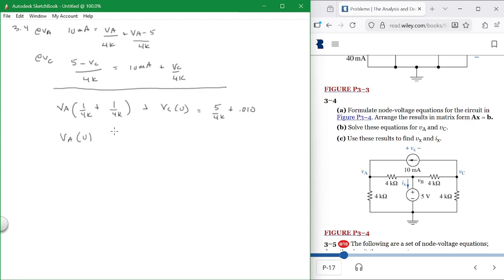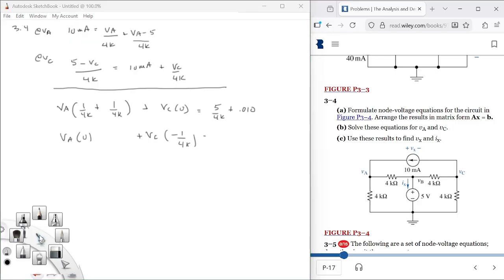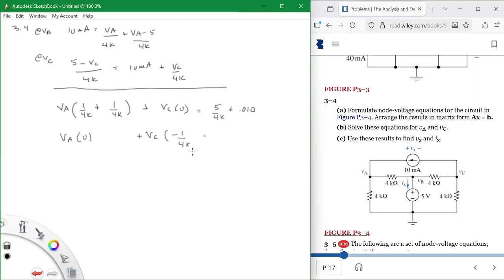And the second equation is equal to what? VC times minus 1 over 4K minus 1 over 4K is equal to, and I shift everything to the left for the VC and everything to the right.